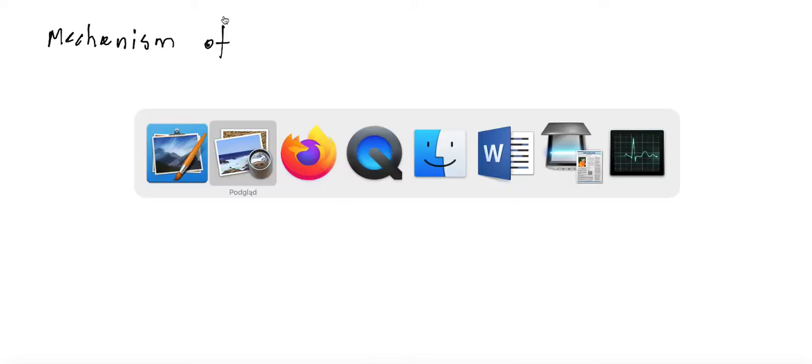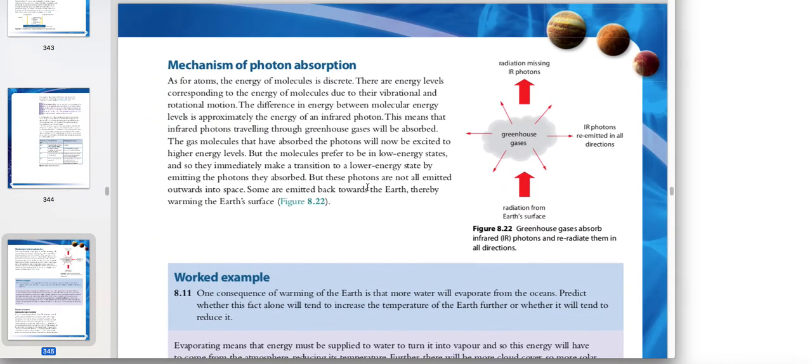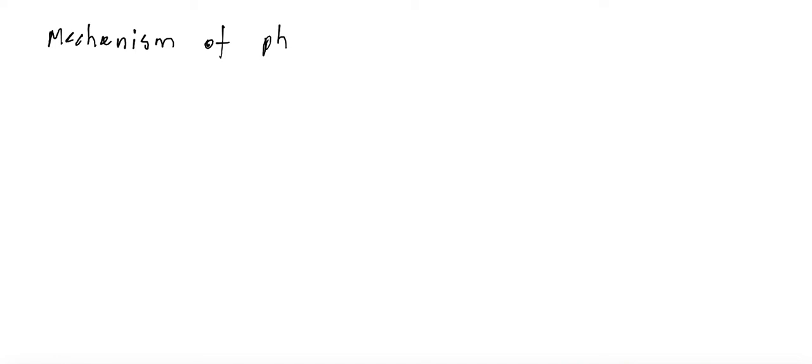In your Tsokos it is known as the mechanism of photon absorption, probably. Yes, mechanism of photon absorption, page number 337. So how are photons emitted by the Earth absorbed by the greenhouse gases? You know that molecules, similarly to atoms, have discrete energy levels. Okay, these energy levels are related to translational motion, rotational motion, and in general vibrations.